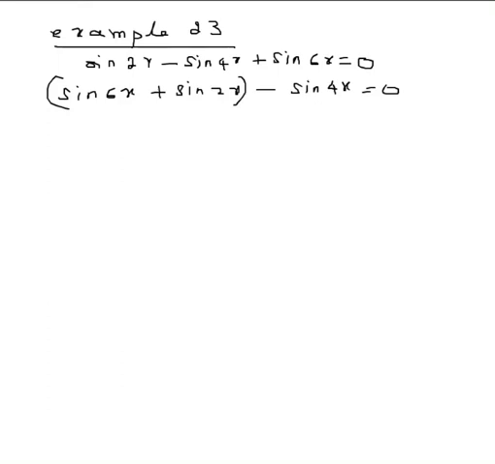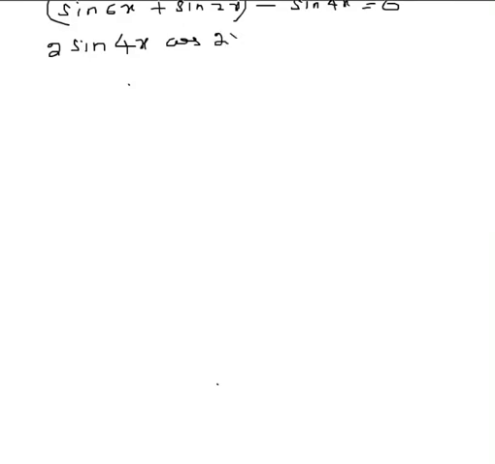Now sin x plus sin y is 2 sin (x plus y) by 2, which is 4x, and then cos (6x minus 2x) by 2, which is 2x, so that we have sin 4x common.